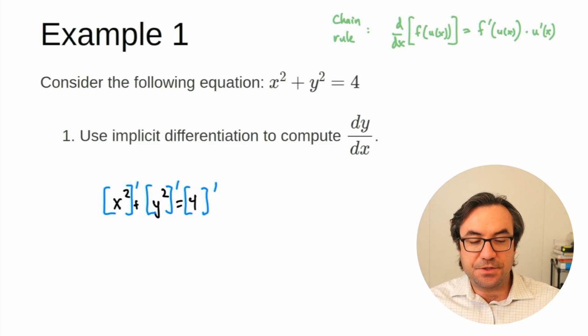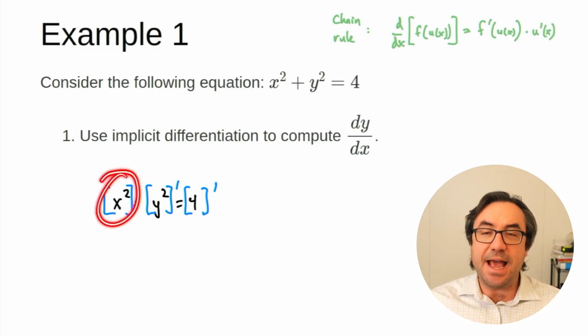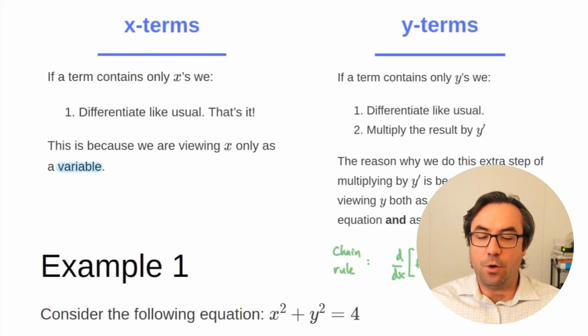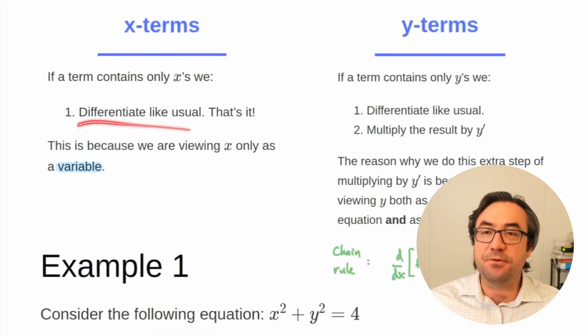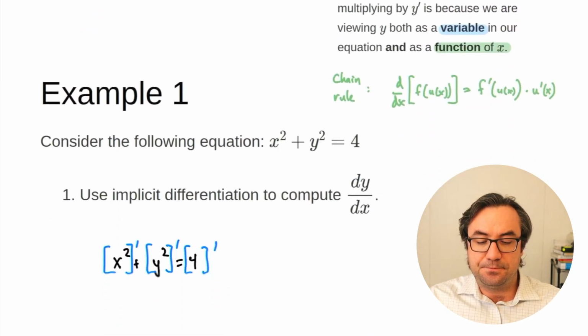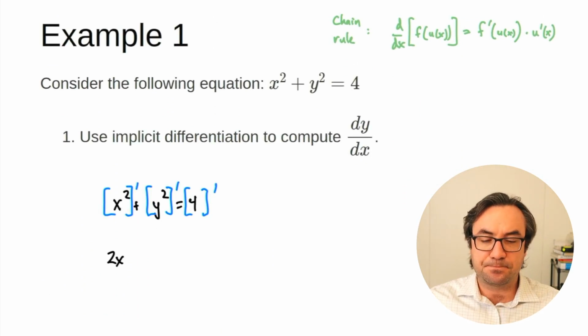In this first one, there's only x's, so this is an x-only term. When we have an x-only term, we just differentiate it like usual, and that's it. We're treating x just like a regular variable. Nothing too special here, so we can do our power rule. The derivative of x squared is 2x.